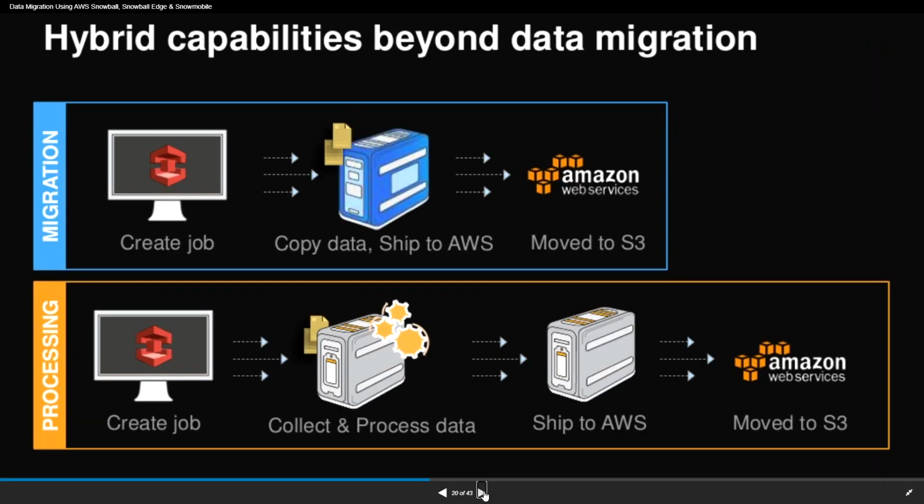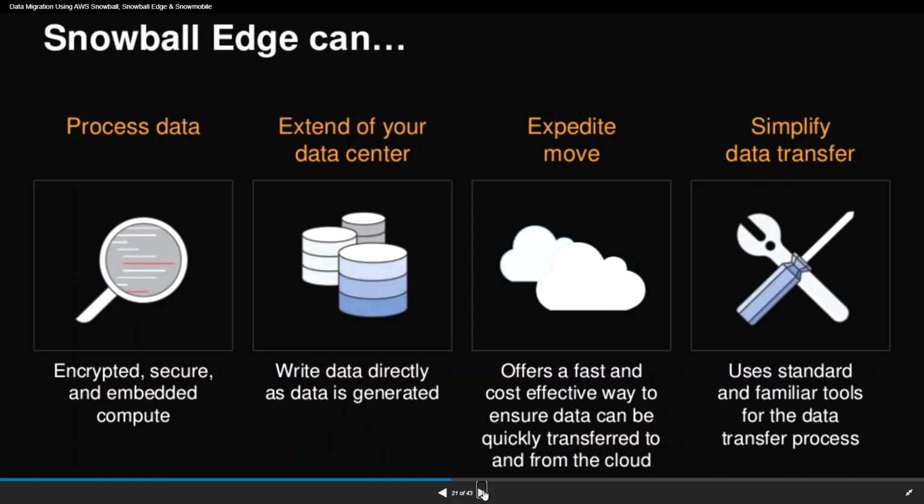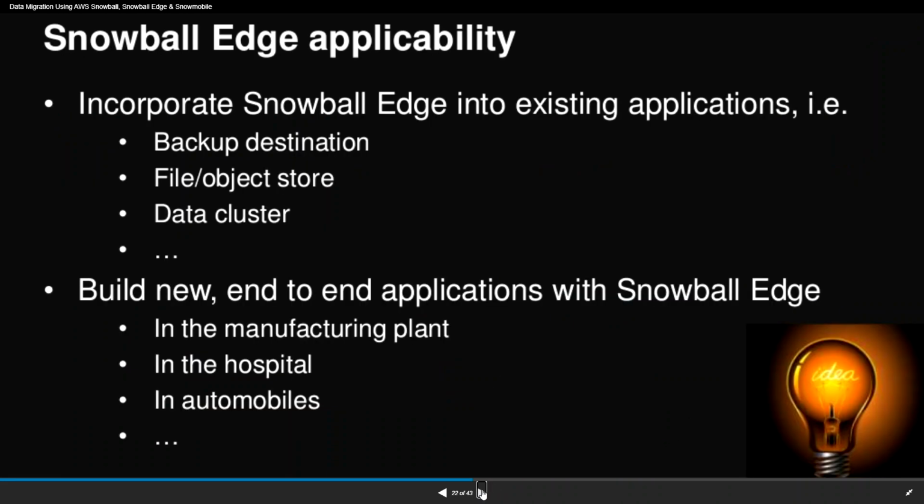Same thing for the data migration. Snowball Edge can process data, encrypt, secure, and write data directly, and offers a fast and cost-effective way to ensure data can be quickly transferred to the cloud, and uses standard tools for the data transfer process.